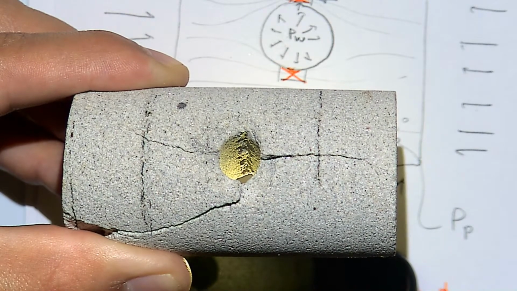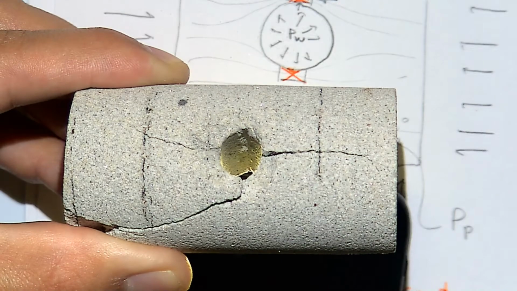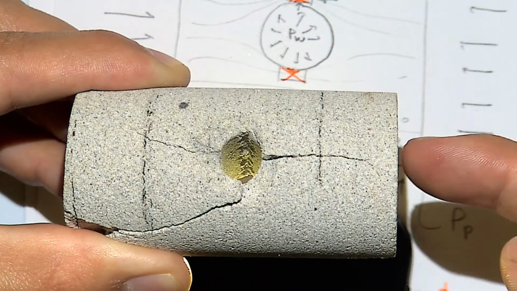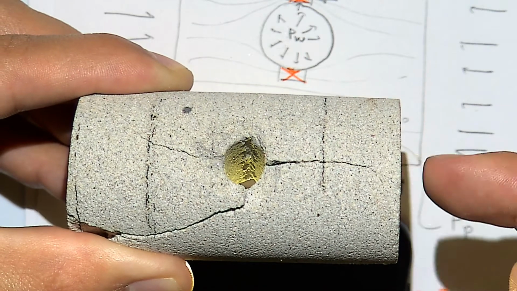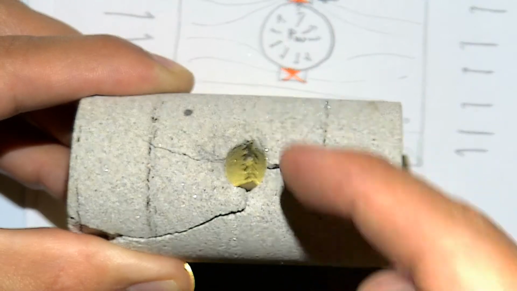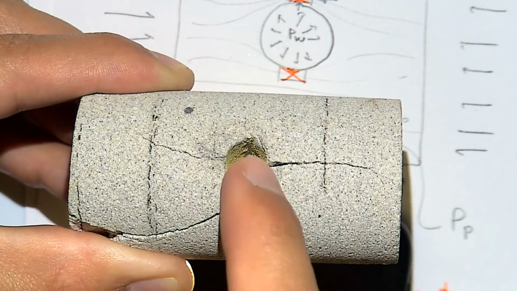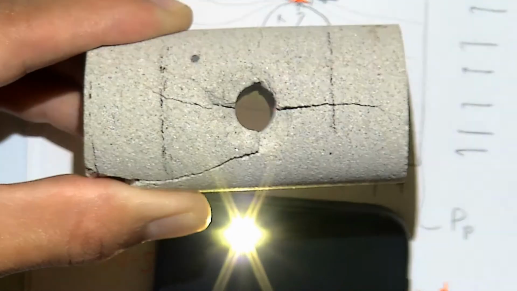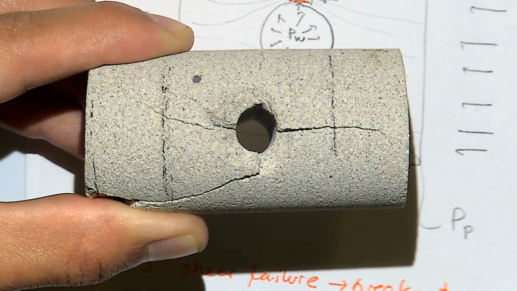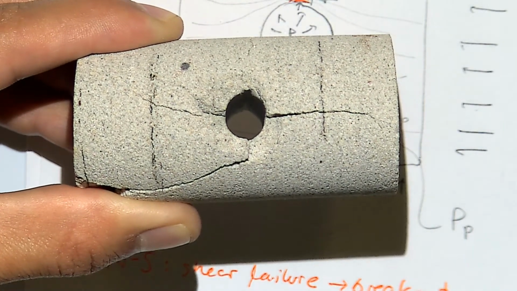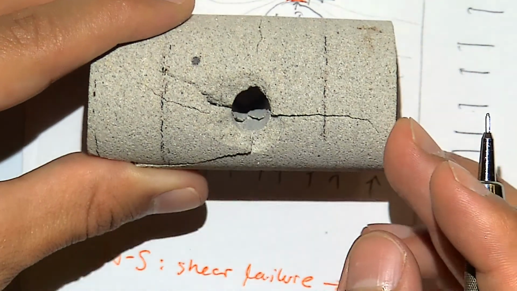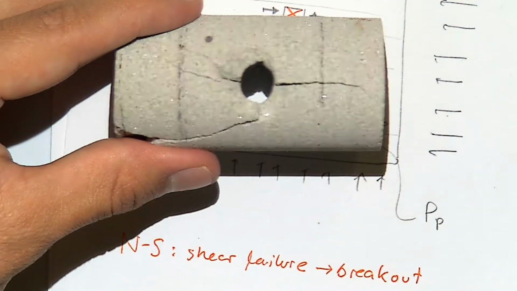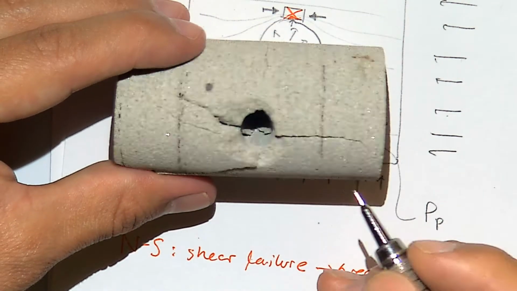And again, as I told you before, this is because we apply stress in this direction. Most of the compressive stress is going to concentrate on the top and the bottom, and that's a failure that you're going to see. Probably you can also see a little bit of that. It's much clearer when I see it in here, but you don't see very well from there.